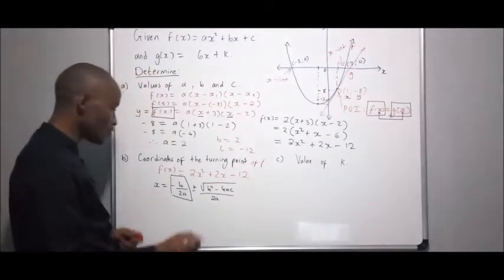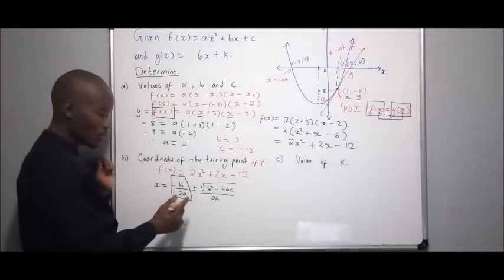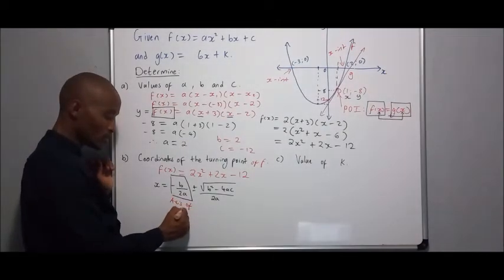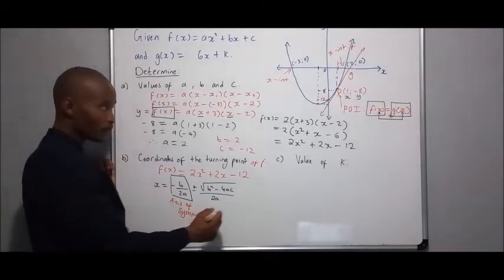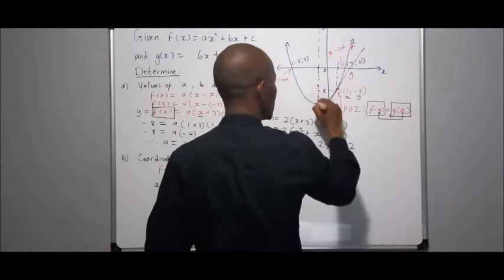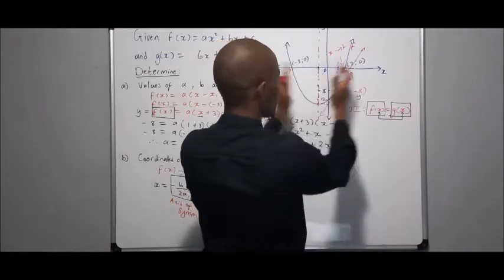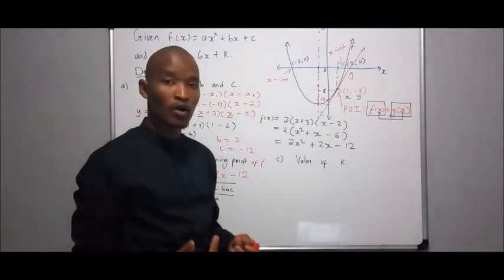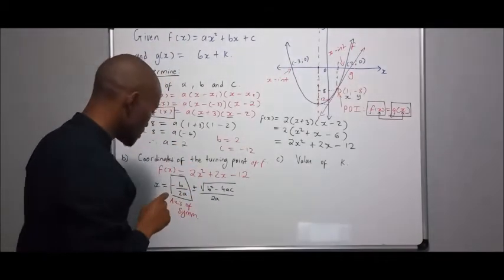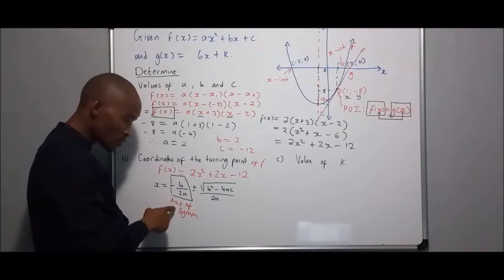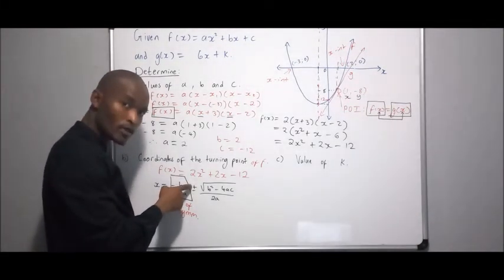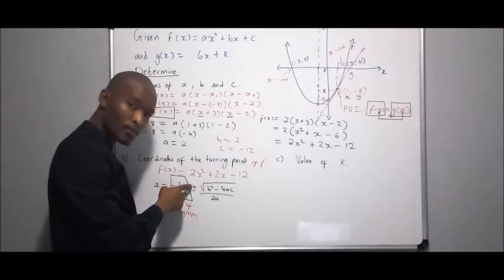What is the meaning of this part of the equation? This is the equation of the axis of symmetry. This imaginary line that cuts the parabola into two halves, we call that the axis of symmetry. So what this equation is saying is that from the axis of symmetry, there is a root to the right of the axis of symmetry, hence the plus.